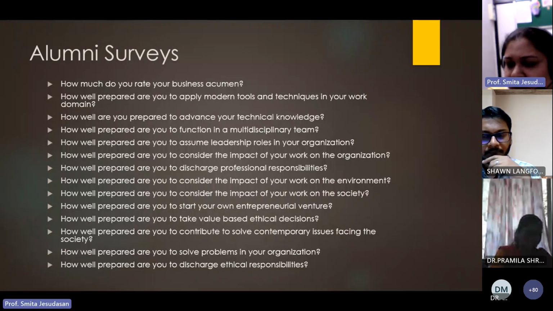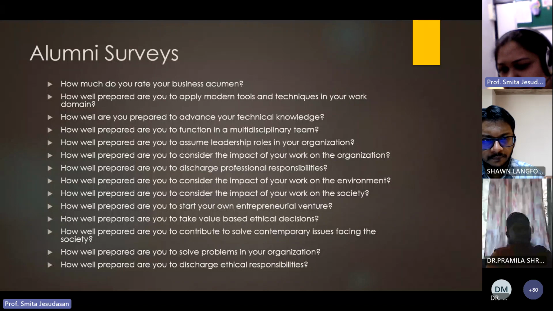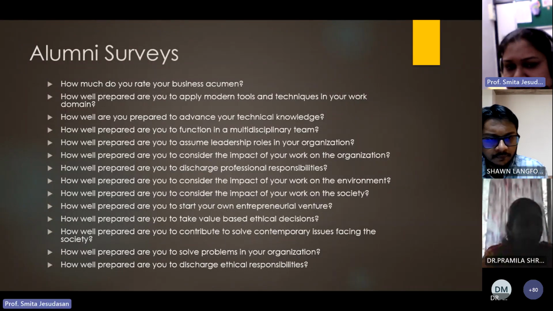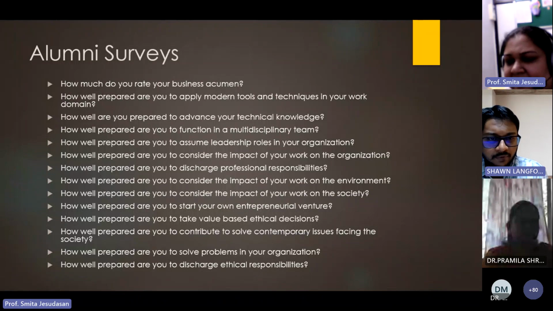But the additional skills learned by them would have been based on the foundation what we have taught during the MMS program or during the 2 year MBA program. So the purpose of having these alumni surveys is to understand whether we have well equipped them with knowledge or skills so that they can develop on their own.